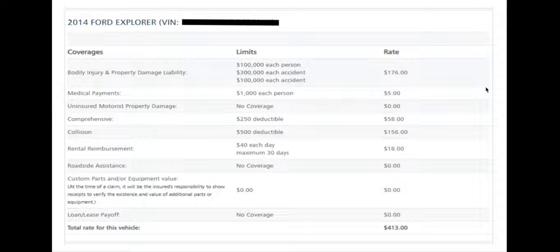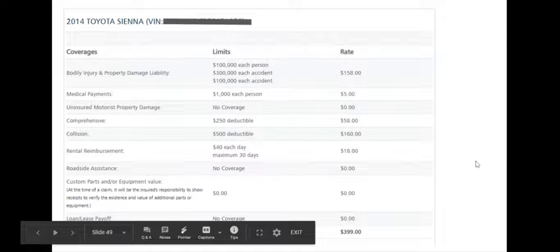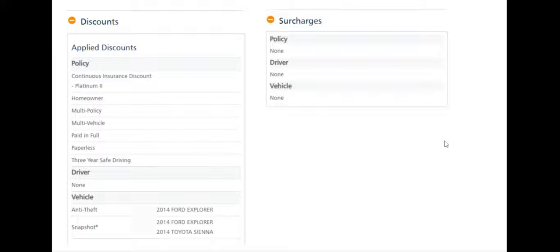Those two things go down as your car ages because they're not going to replace it. The Ford Explorer is $413, and then we've got the Sienna with the same kind of coverage, but it's $14 cheaper. Why? Who knows? And then you can see the discounts that are applied.